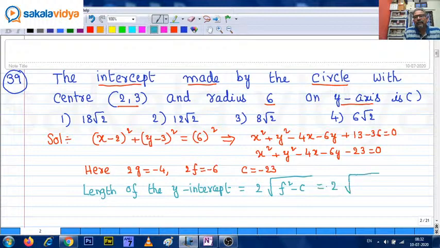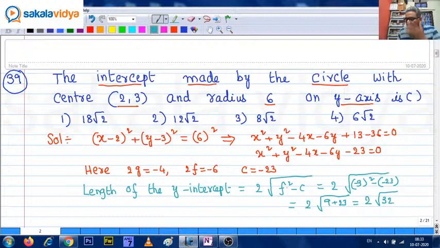F square is how much? Minus 3 square, minus of minus 23. So that is 2 root of 9 plus 23, 2 root of 32.